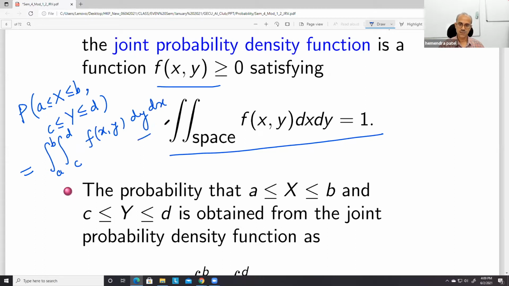So you just see this sequence, dy first. We first integrate with respect to y, take the limits, and then we integrate with respect to x and then take the limits.